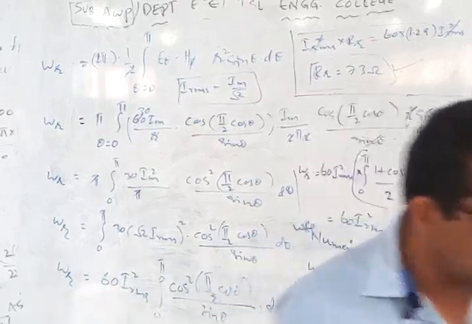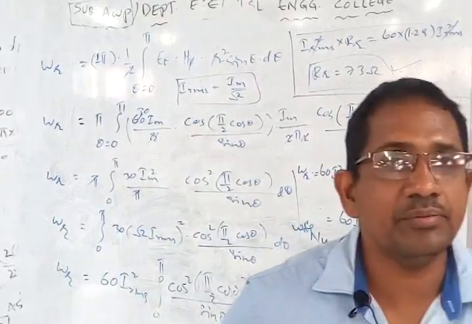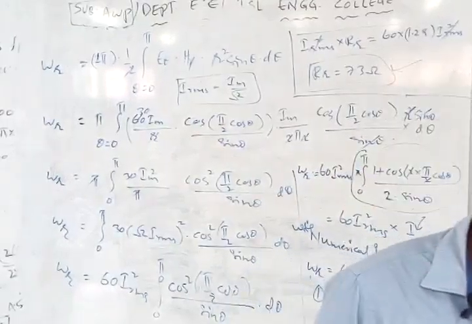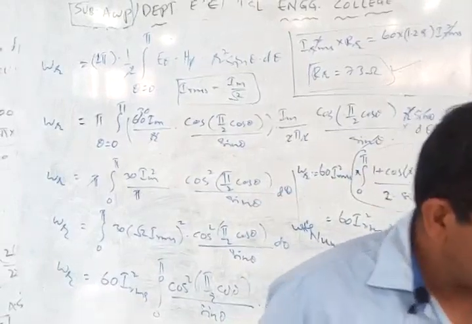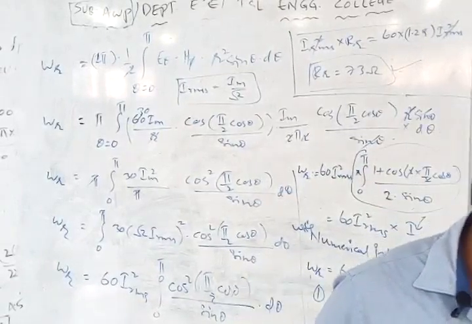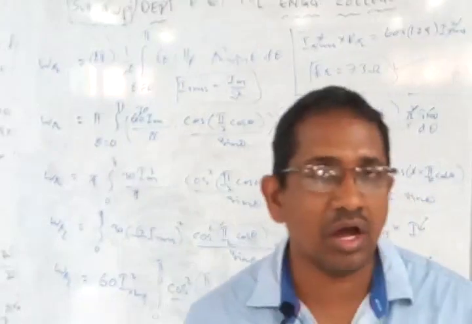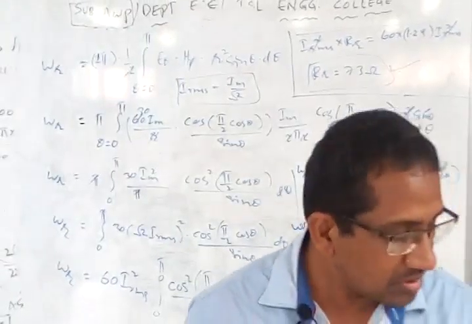I will repeat the problem once again. Calculate the power gain, that is gain of the antenna you have to calculate, of a half wave dipole whose ohmic losses and directive gain are 7 ohms and 1.64.